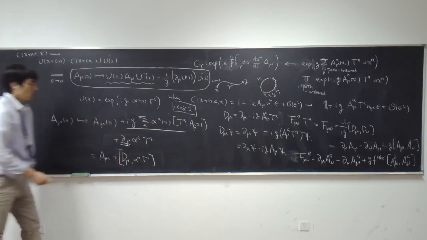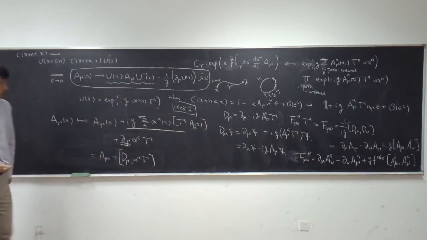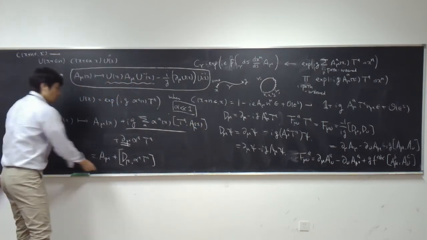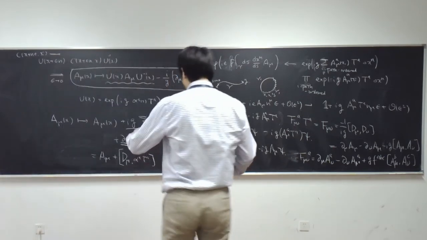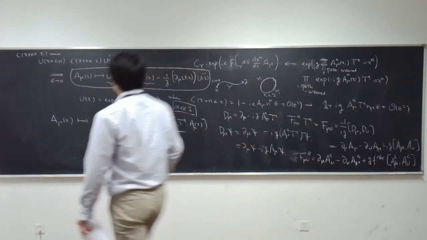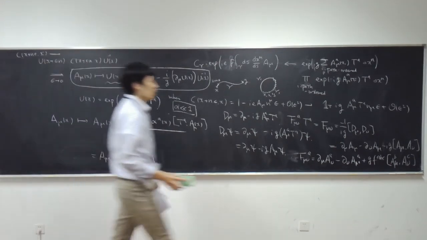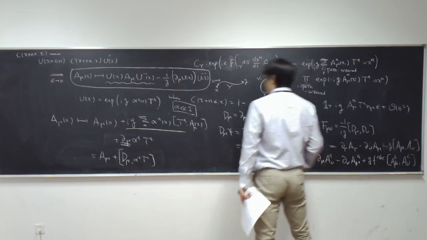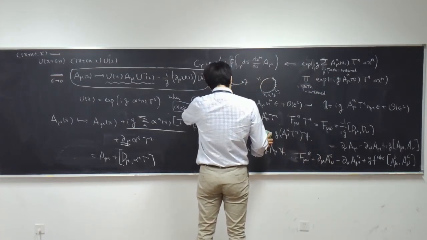That's how one can rewrite this gauge transformation, and so we understand how this gauge field is transformed under gauge transformation, and how F_mu nu transforms is as follows.